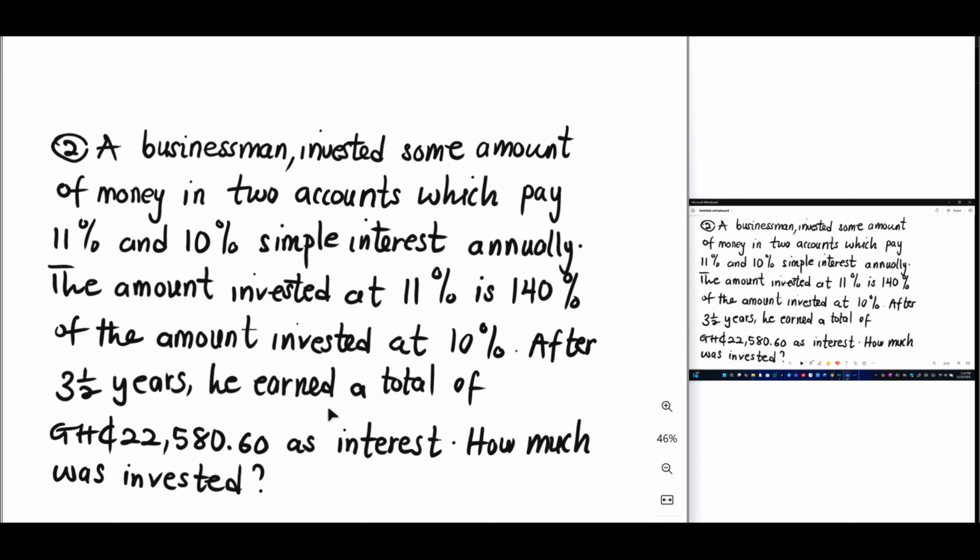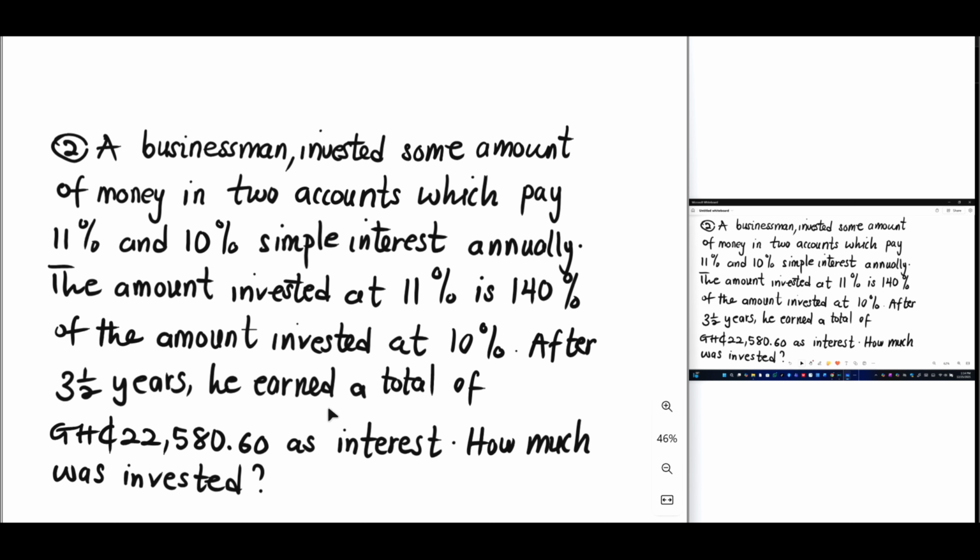How much was invested? It means you have to find the principal. The amount that you invest is known as the principal. You need to invest a certain amount of money before you earn interest on it. We don't know the amount that the person invested, but we only know the interest that the amount attracts, that is the 11% and that of the 10%.